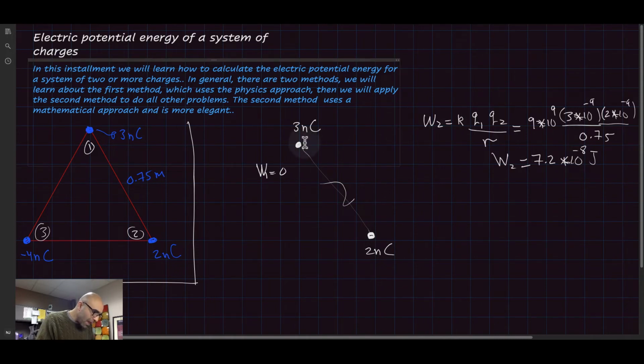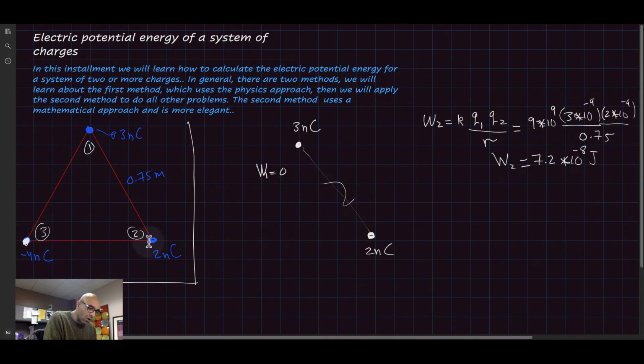Now, we go all the way to infinity to bring in charge number 3. Since this is already a drawn triangle, I'm going to go to infinity all the way and bring charge number 3. Now, as I do that, charge number 3 will feel the presence of charge number 1 and charge number 2.